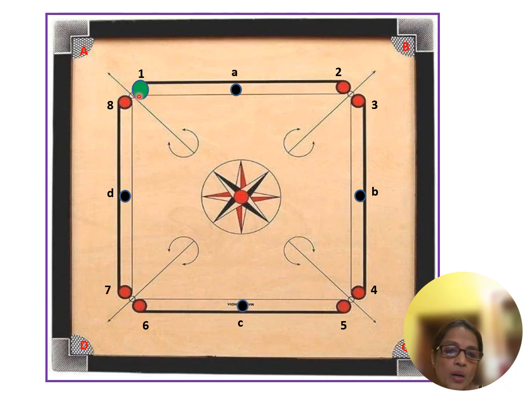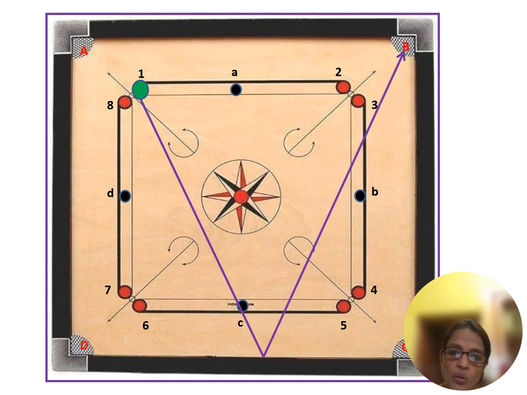Then from here to C, if you hit, of course you can hit and it will go here. Can you hit B? You have to hit here, it is difficult, and to send it to B, this obviously will be an obtuse angle or almost a straight line. So the option is only C. So you hit it and then this will go back, rebound and go to pouch B. So the answer is C.